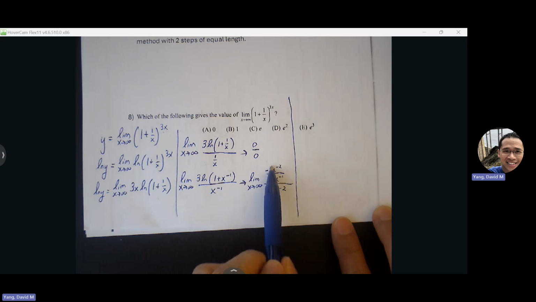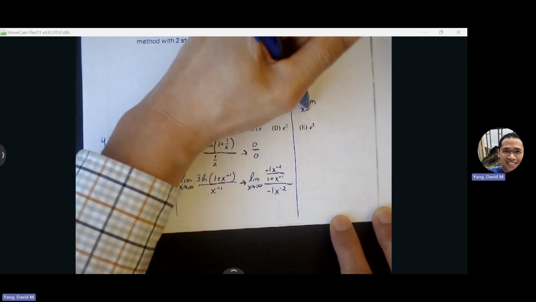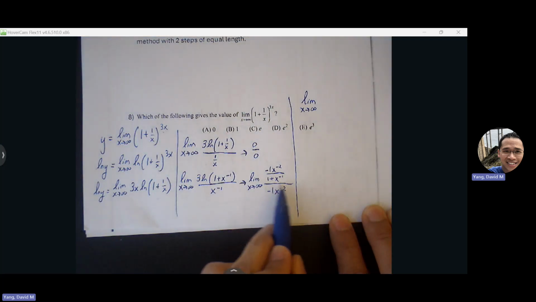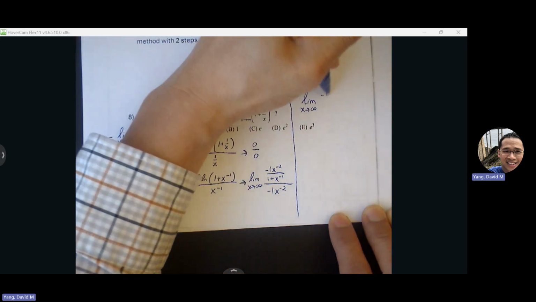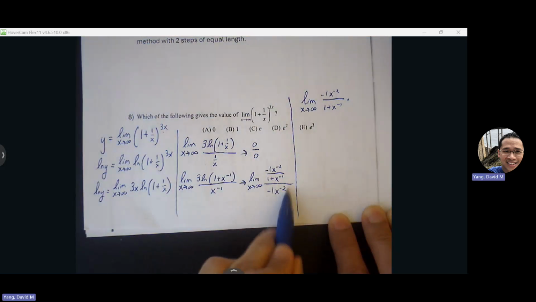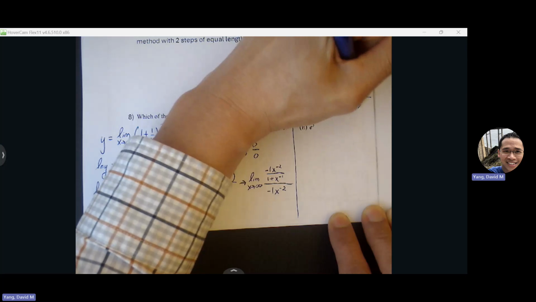Now, these actually cancel out, but if you want to rewrite it to make it more clear, you can do this. Dividing by this is the same thing as multiplying by its reciprocal. So I can make it -1 x to the -2 over, so rather than dividing by this, I'm going to say multiply by 1 over -1 x to the -2.